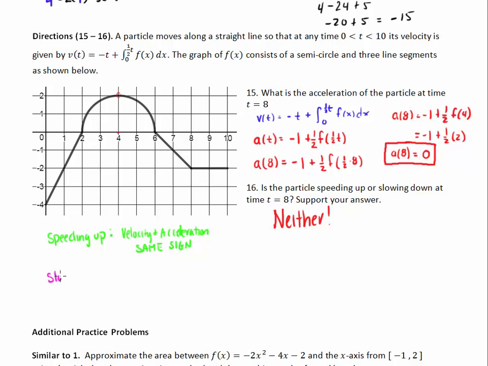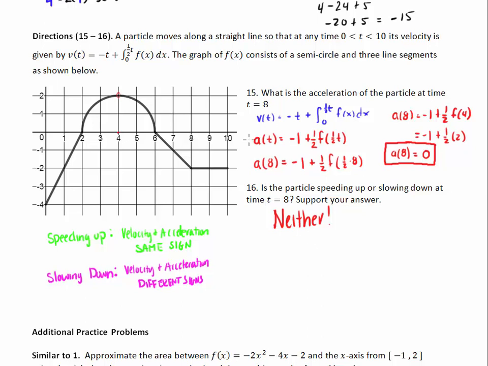Okay, slowing down. We're talking about speeding up or slowing down. The velocity and acceleration have different signs. So one's positive and one is negative.